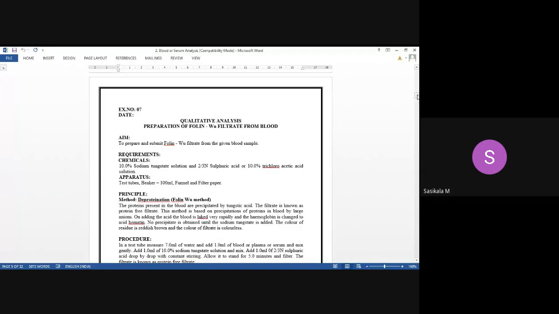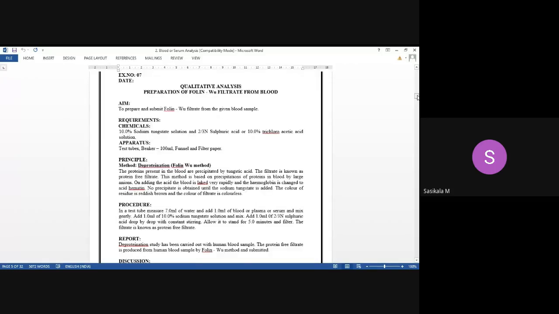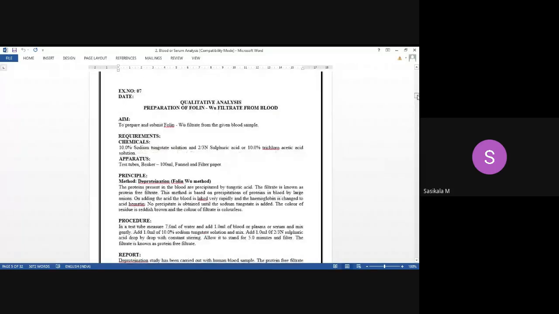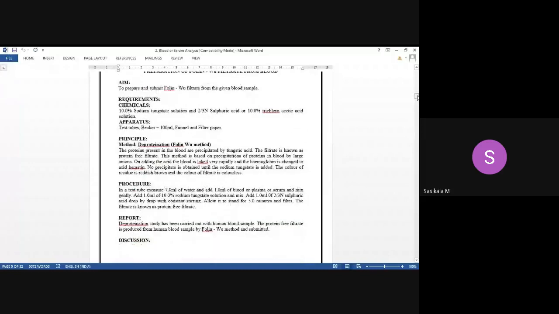Nitrogen containing compounds. Why do we need to deproteinize the blood? Proteins have what functional group? Amide linkage, diamides.